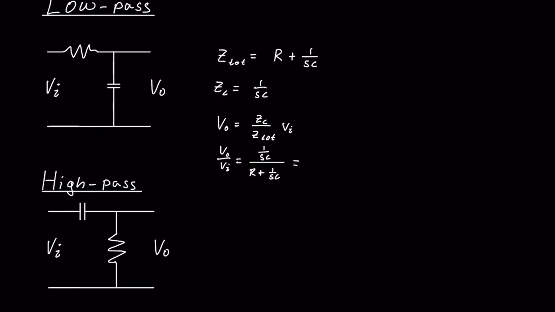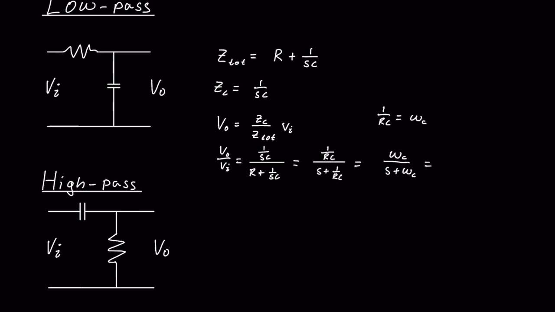So we get 1 over RC, and then S plus 1 over RC. And 1 over RC is a frequency, which is the cutoff frequency. So we have omega C over S plus omega C.